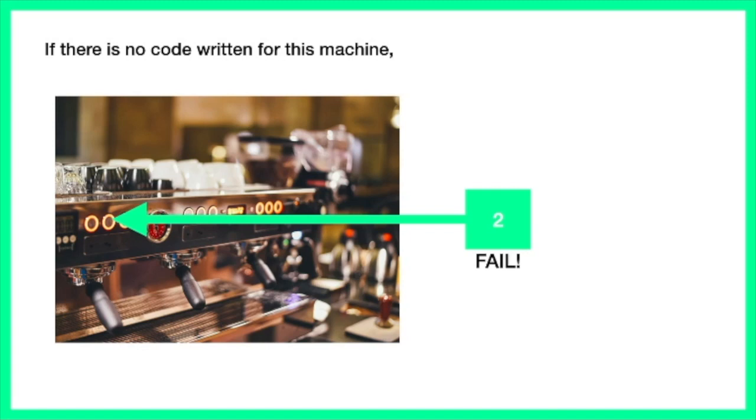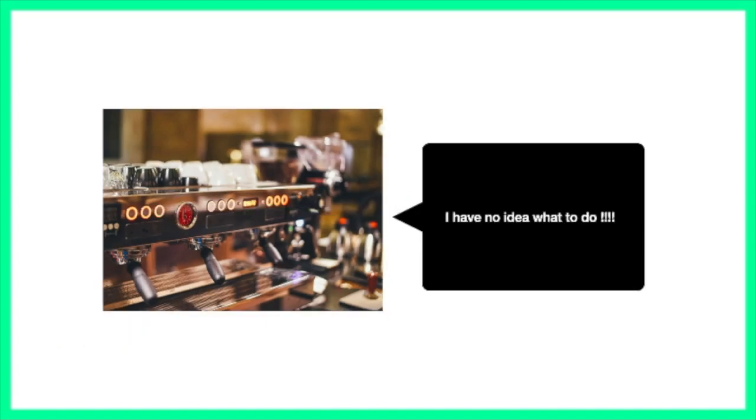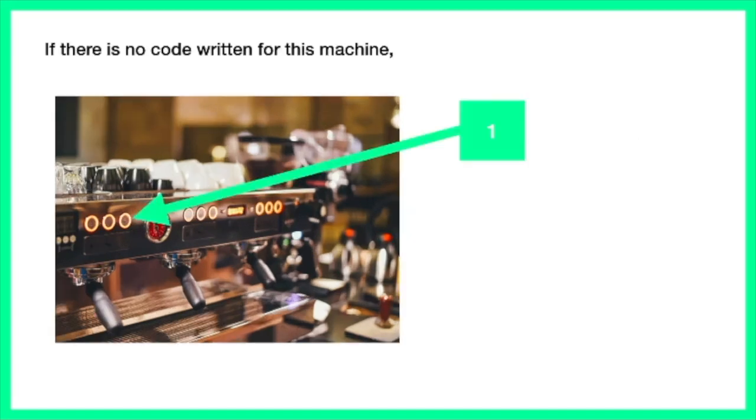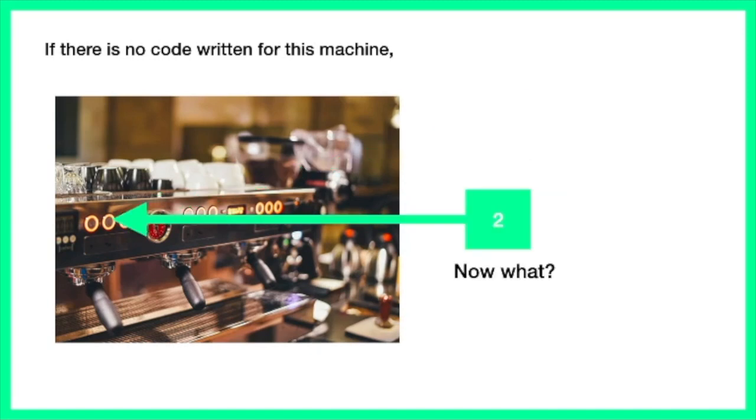It can do literally nothing. Why is this happening? What is the reason behind this not working coffee machine? The reason is simple. Because the coffee machine has no idea what to do when this button is pressed or when this button is pressed.